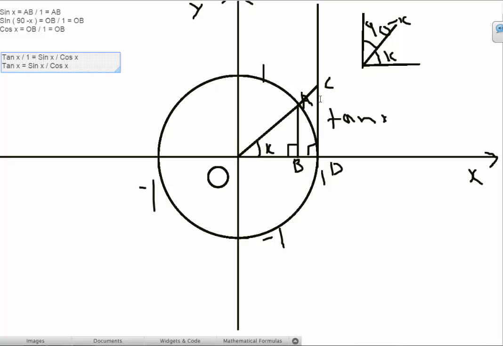Now we're going to prove that OC is actually sec x. So let's start by saying that OC divided by this length OD, which is 1, is the same as OA, which is 1, divided by OB, which is cos x. So we end up getting OC is 1 over cos x, which is sec x.